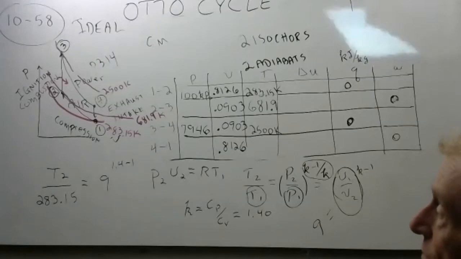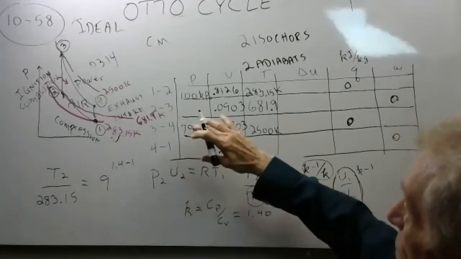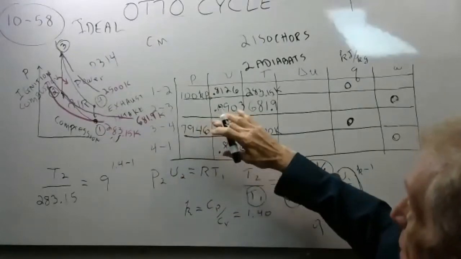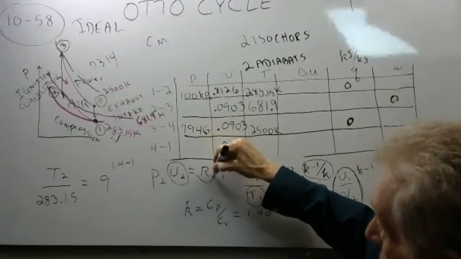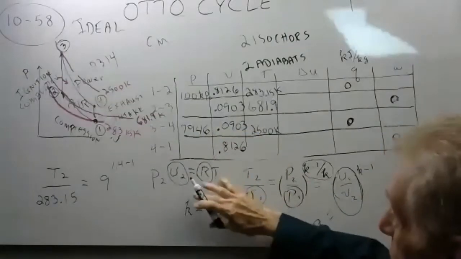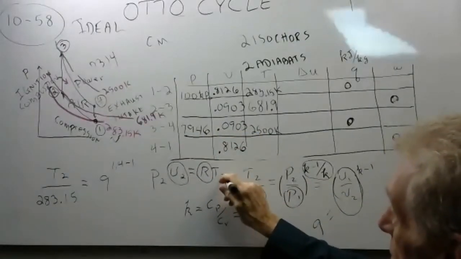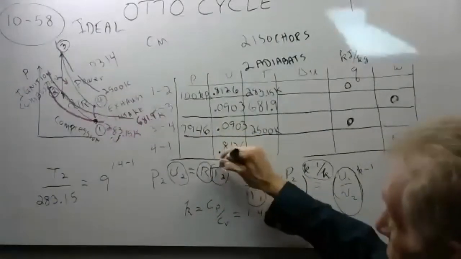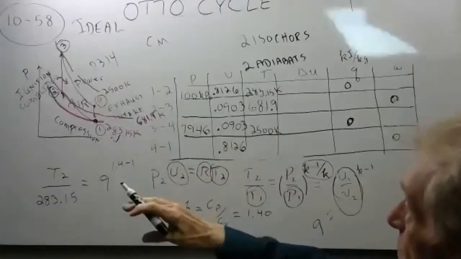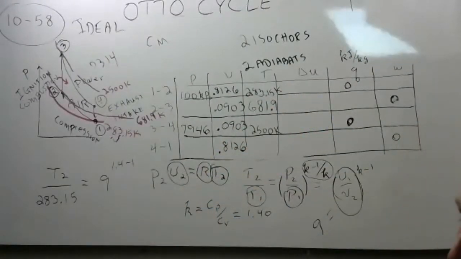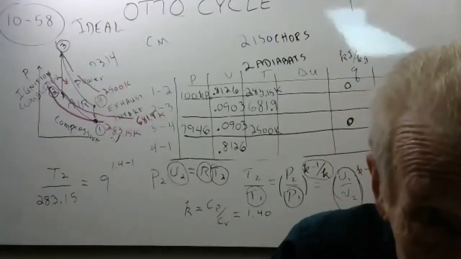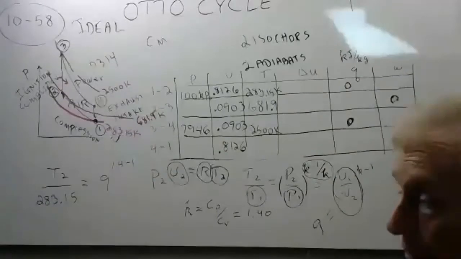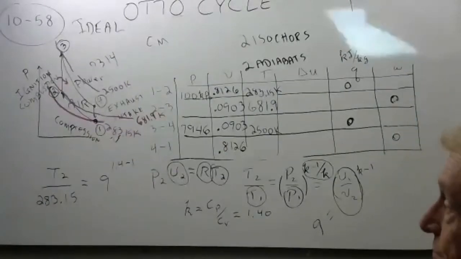We can get P2 because we know V2. Look at there. We know V2. We know R. And wait a minute, that's supposed to be a T2. And we know T2. We can get P2. Go ahead. Do that for me. And I'll call on one of my students here in just a minute.